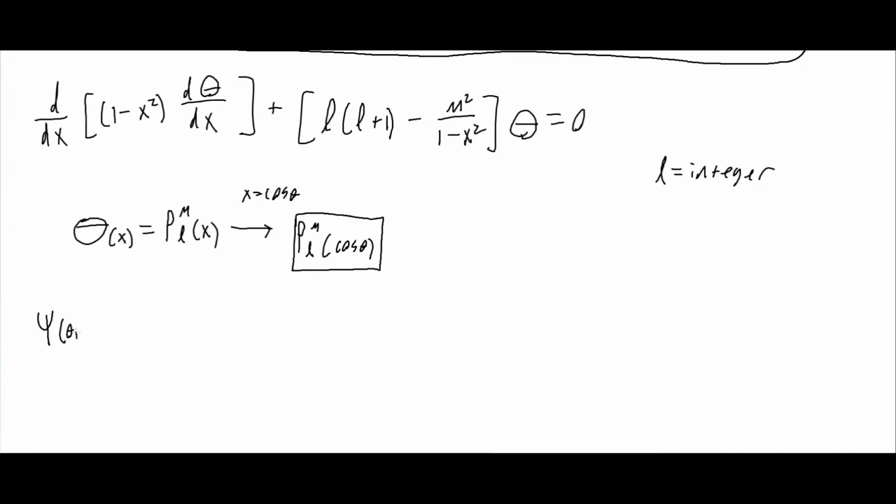So psi was a function of theta and phi, which was the uppercase theta as a function of the lowercase theta, multiplied by the uppercase phi as a function of the lowercase phi.